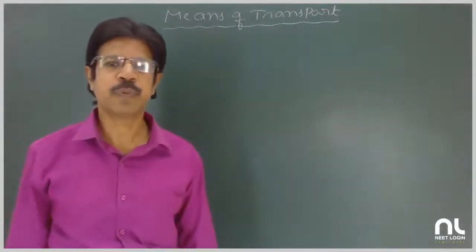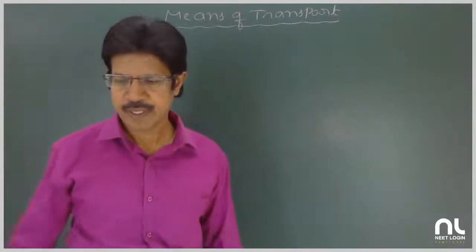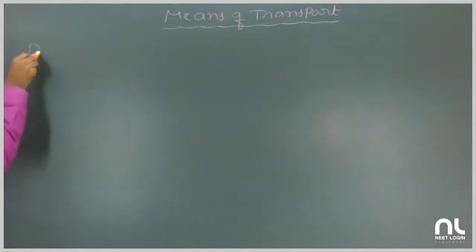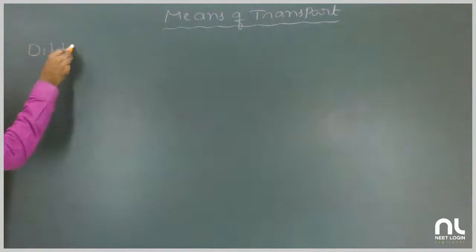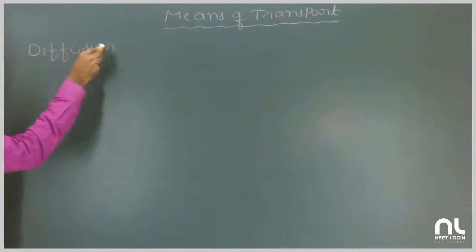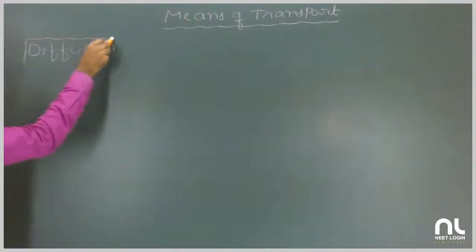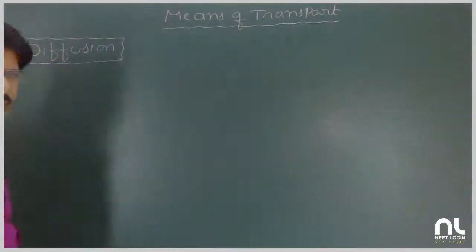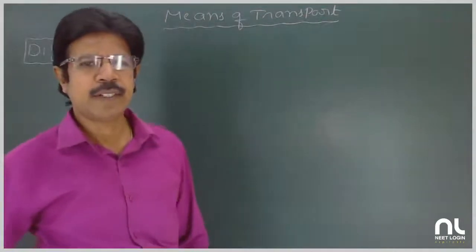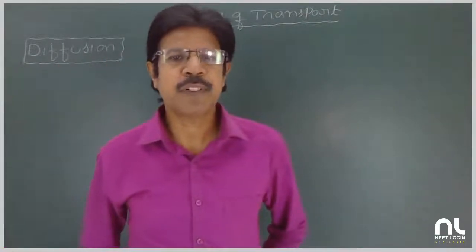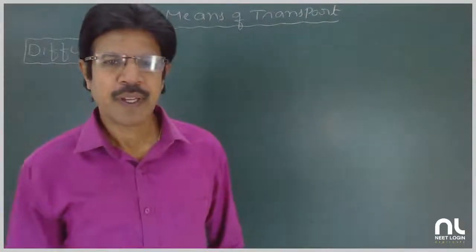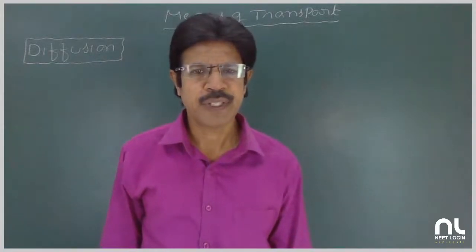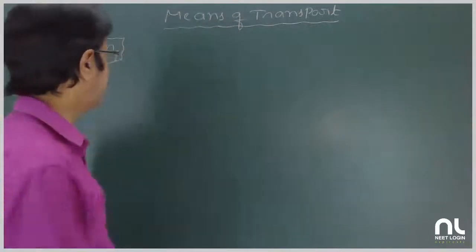The means of transport in plants. In the first one, it is diffusion. As earlier you said, the short distance transport by diffusion is passive, and cytoplasmic streaming is active.